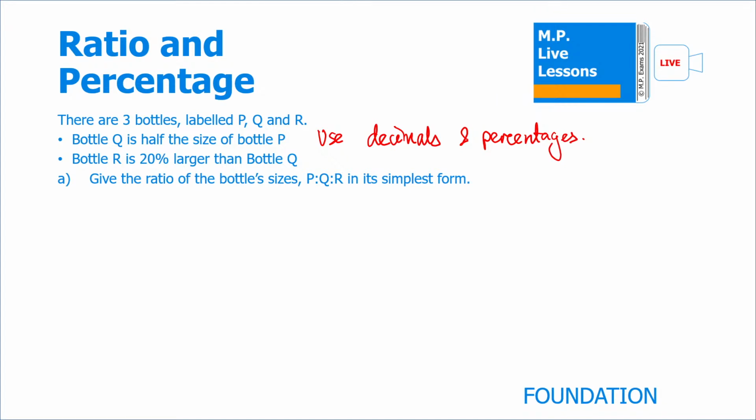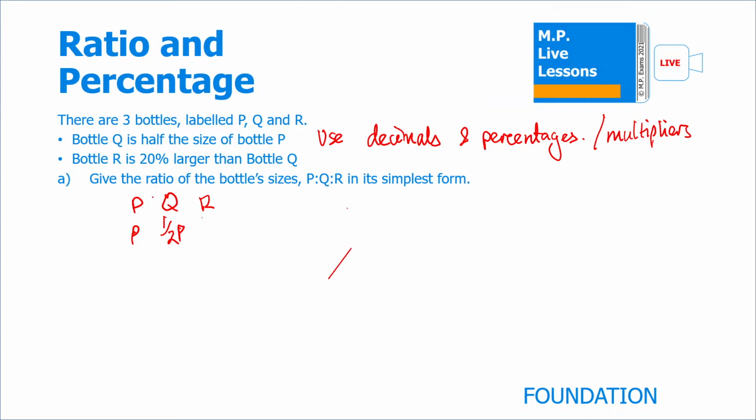So we'll actually use multipliers again, or decimals. So we've got bottles P, Q, and R. So bottle Q is half the size of P. So we'll just call the volume of P just P. So Q would be half the size of bottle P, so 1/2 times P. Bottle R is 20% larger than bottle Q, since it's 20% larger or a 20% increase, we'll use the multiplier this time.